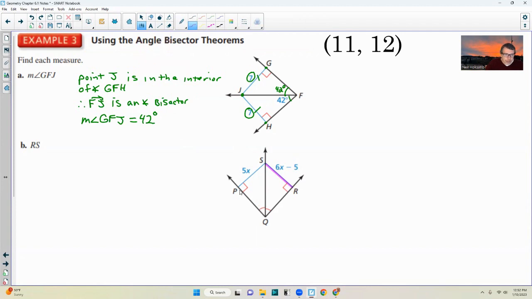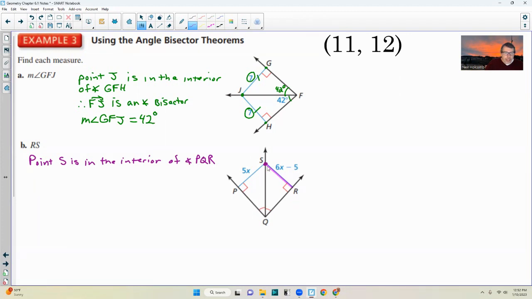And what are we given? Well, look here. We have a point S that's in the interior of angle PQR. Okay, S is right there. It's in the angle.